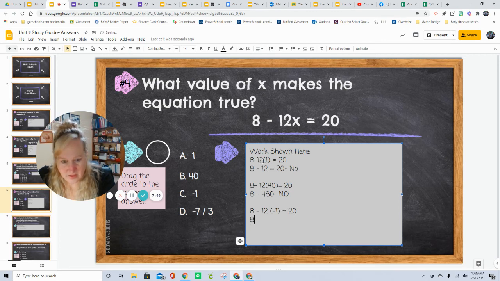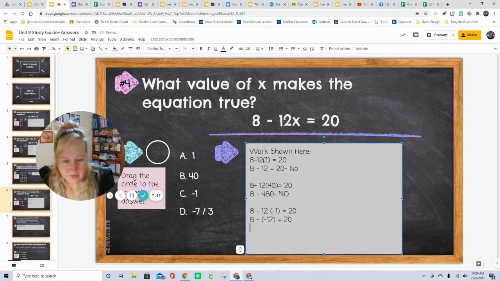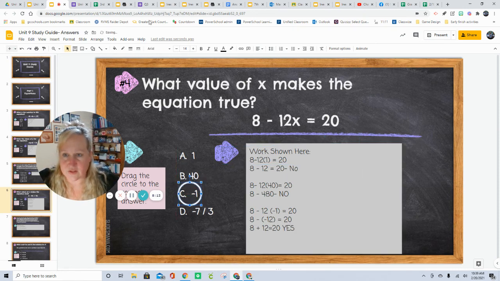So that means 8 minus 12 times negative 1 becomes negative 12 equals 20. And that means because I have two negatives next to each other like this, Max would say that's a positive. So that becomes positive 12 equals 20. So that's the yes. Okay, so this one is our answer.